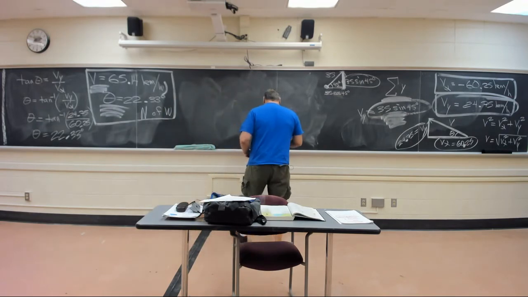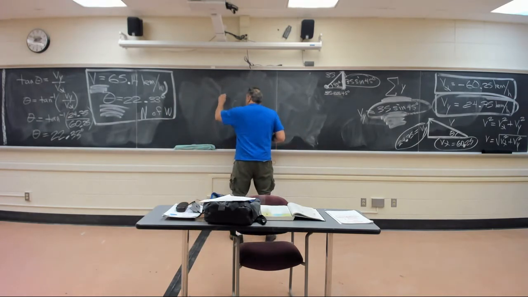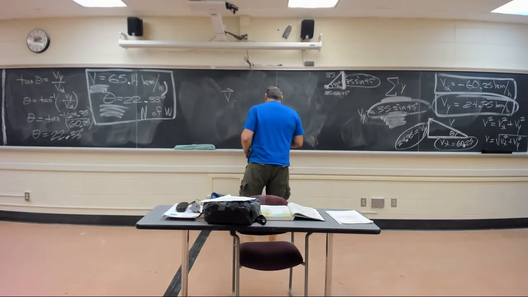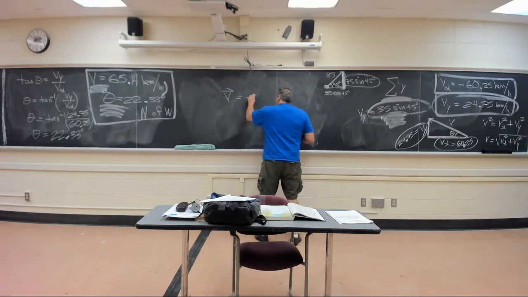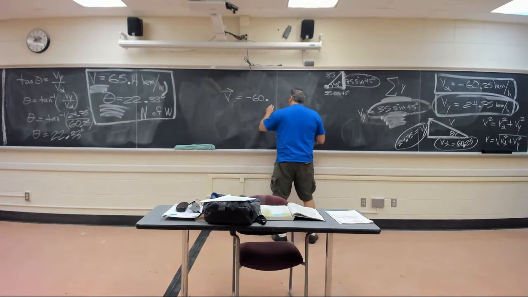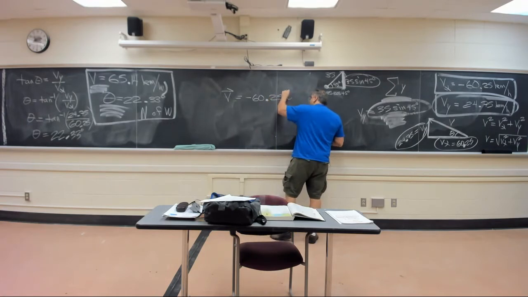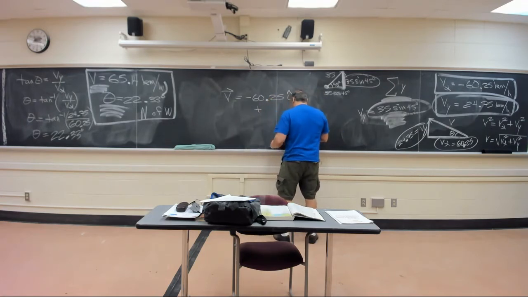Is there another way to write it? Yeah. V vector equals negative 60 I hat plus positive 24.75 J hat. Negative 60 means go to the left, not the right.